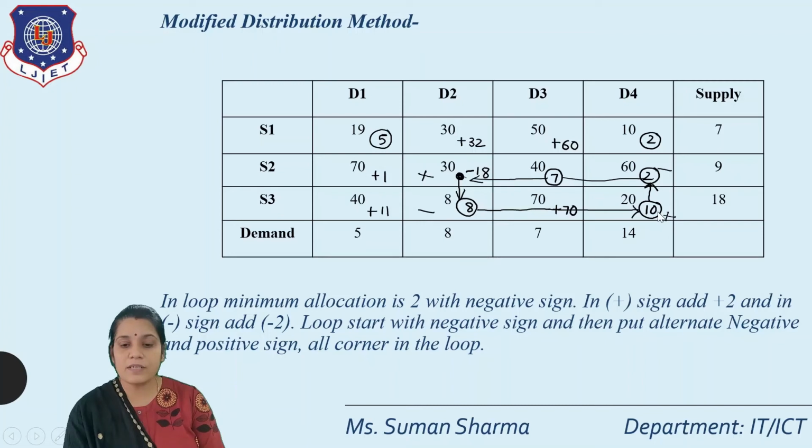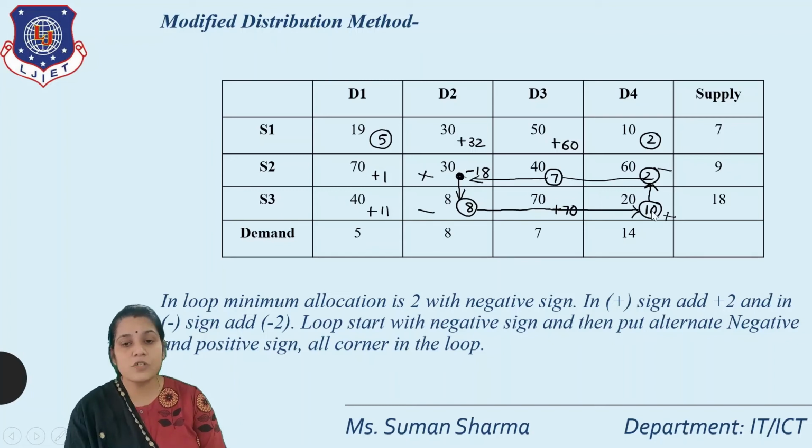Okay, so your next slide is what? The next table is given. The allocations are 19, 5, 10, 2, 8, 30, 2, 60, 0 allocation, 8, 6 allocation, because here 8 minus 2, since we write the negative sign, and here 10 plus 2, 12 allocation.